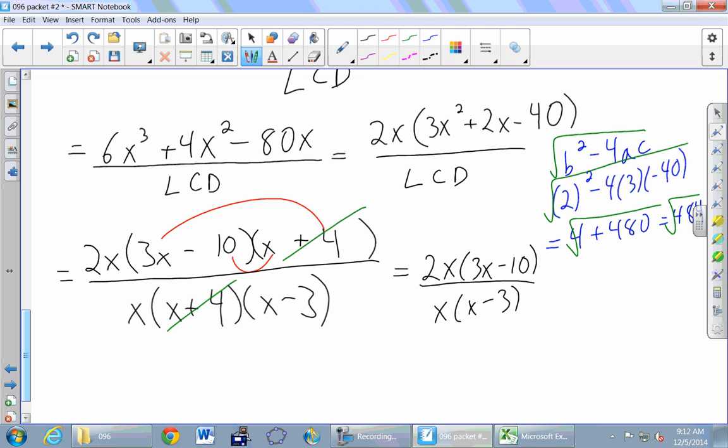Oh, wait. What else cancels? The x cancels. That x and that x. That goes away. So then I think we have an even simpler answer, 3x minus 10 over x minus 3. No, we canceled the x. You cancel the x, so the 2 is still there.